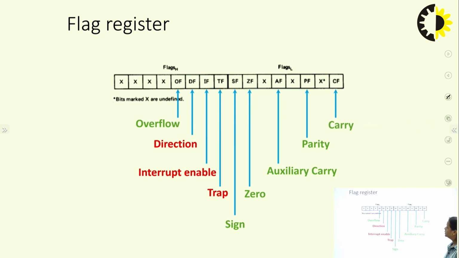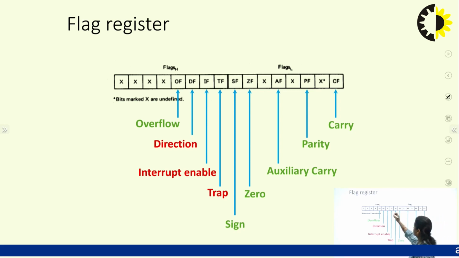So all others are unused. These cross marks mean these are the unused bits. So here we have a total of 6 status flags and 3 control flags.